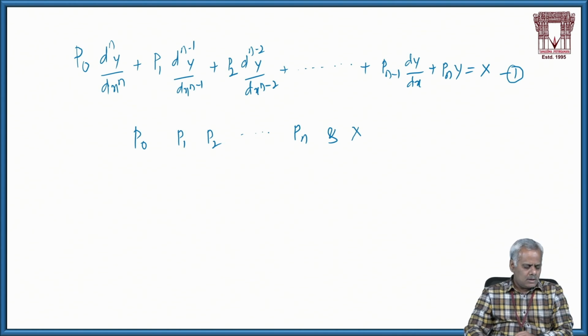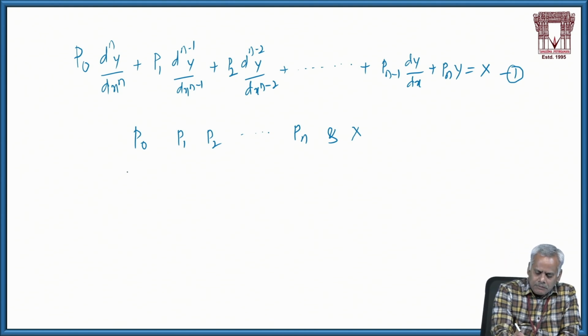Such equations are most important in the study of electromechanical vibration, electrical circuits, control systems, fluid mechanics and heat transfer, structural engineering, etc. To write equation 1 in compact form, we define the differential operator D. D stands for d by dx.